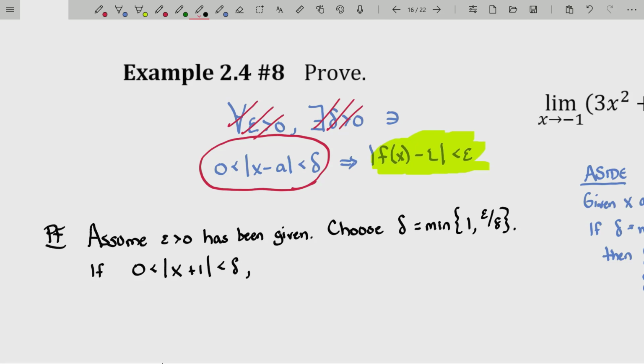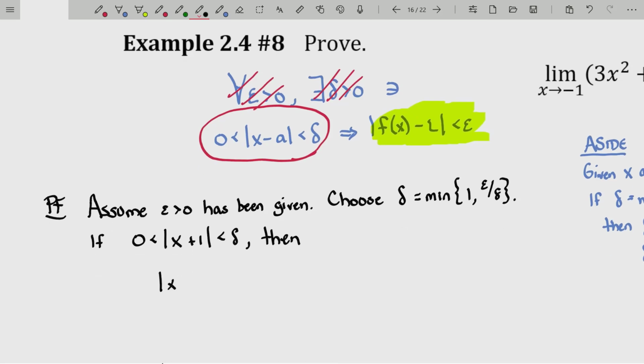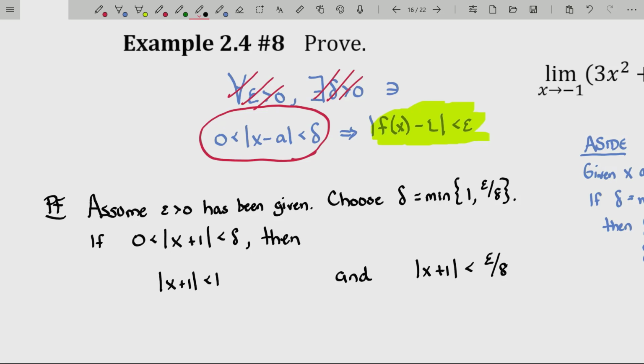If that's less than delta, then two things are true. Remember, delta is the minimum of 1 and epsilon over 8. That means that the absolute value of x plus 1 is less than 1, and the absolute value of x plus 1 is less than epsilon over 8. Again, because delta is the smaller of those two values.